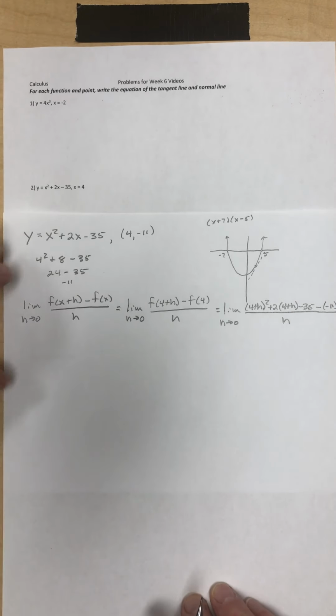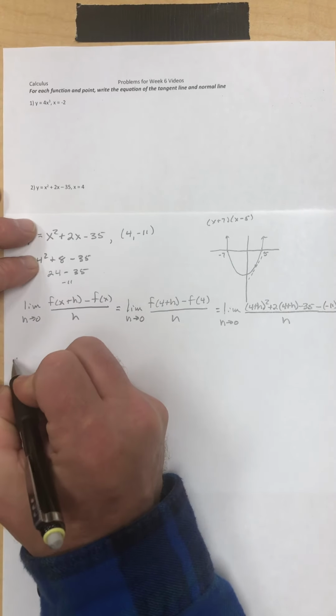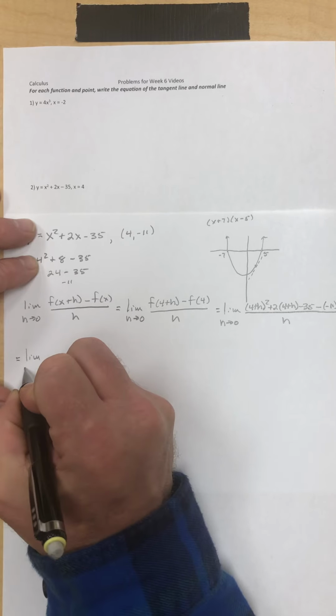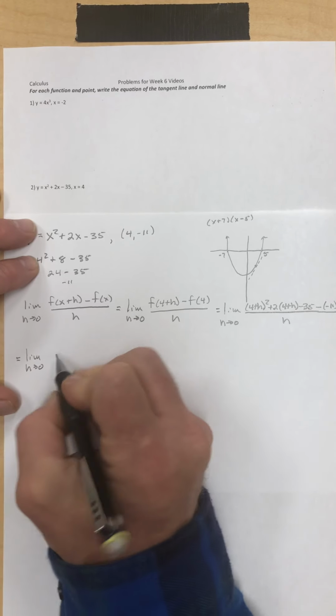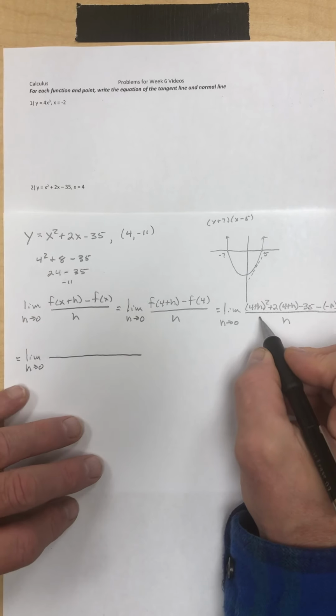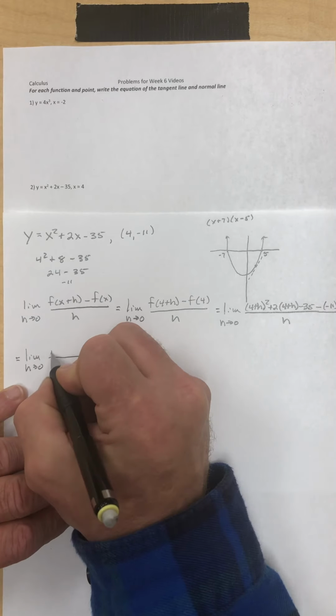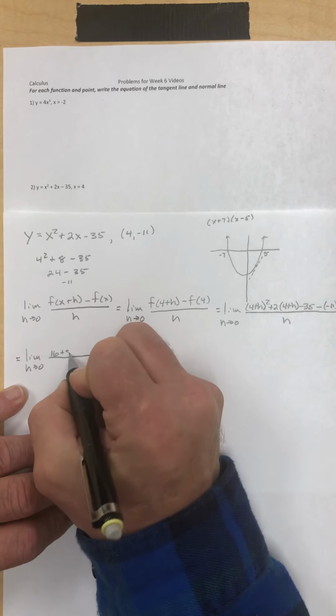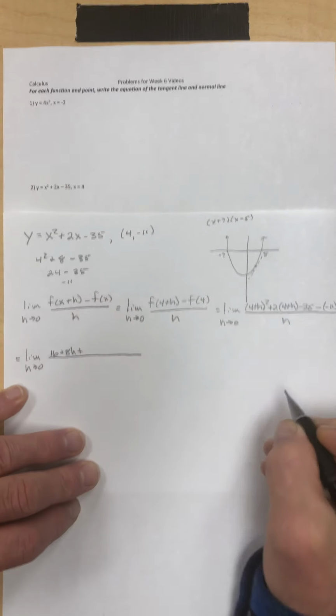So I've got to deal with that guy. Limit as h goes to 0. We've got to expand this. So that'll be 16 plus 8h plus h squared.